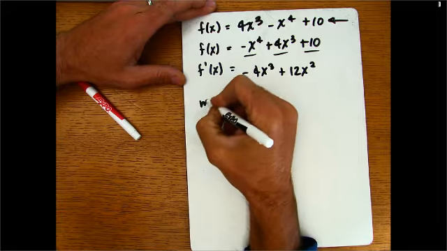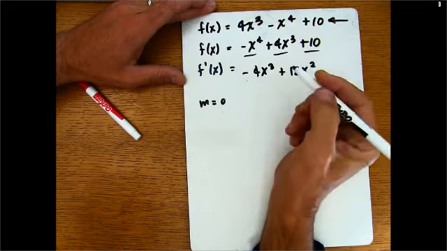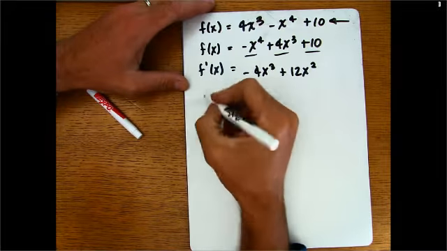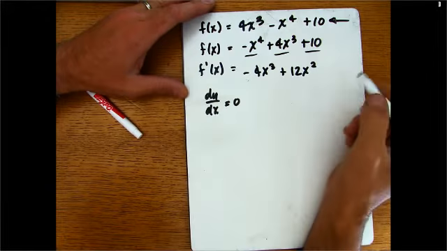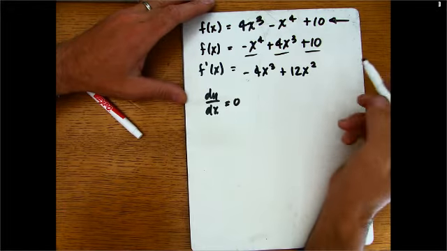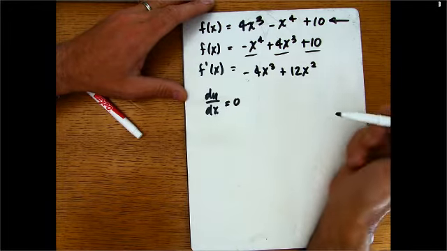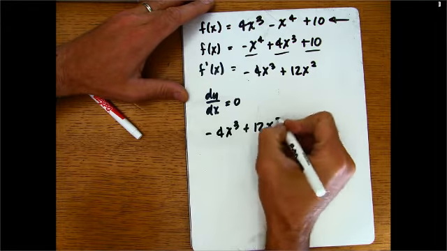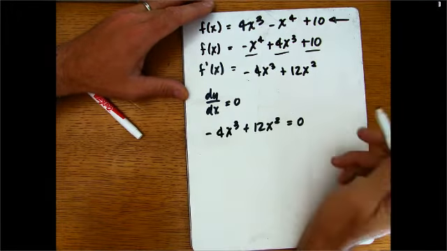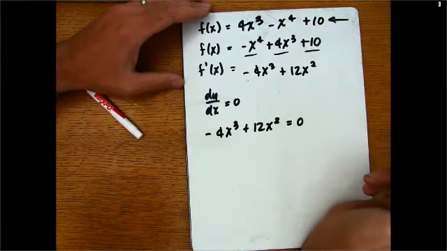Let's do dy dx equals 0. Where is the slope equal to 0 of this particular function? Well, we just set its derivative equal to 0 and solve. So if we set negative 4x to the third plus 12x squared equal to 0 and solve, let's just think about how we might do that.